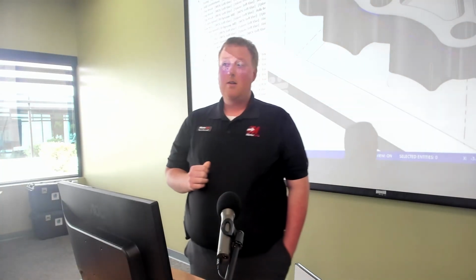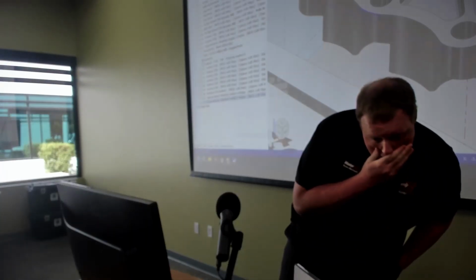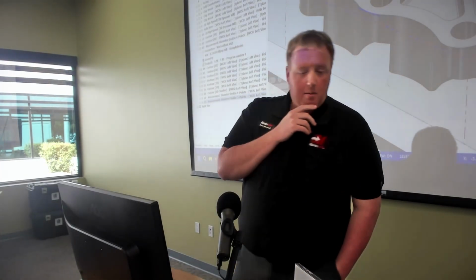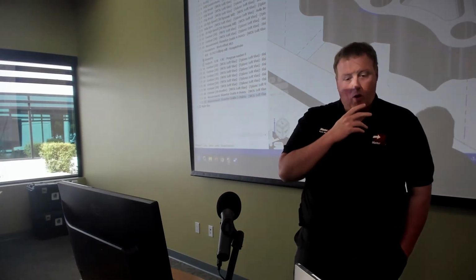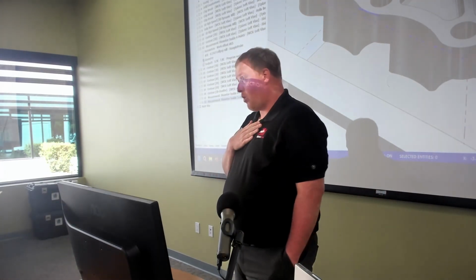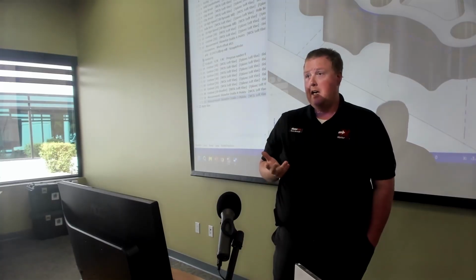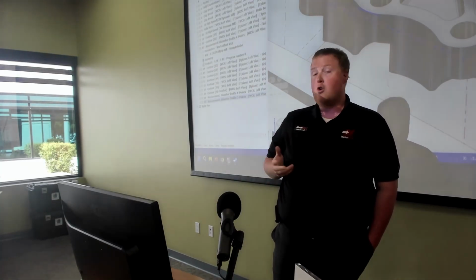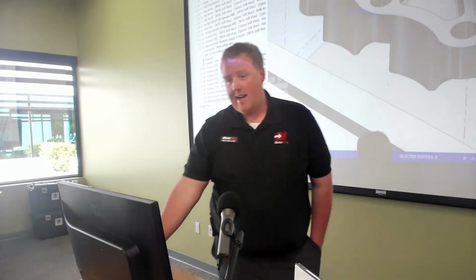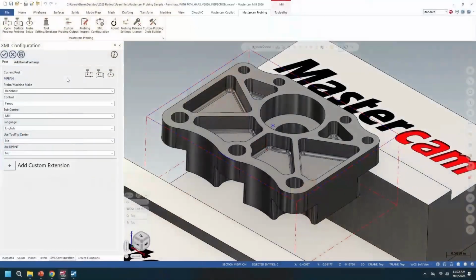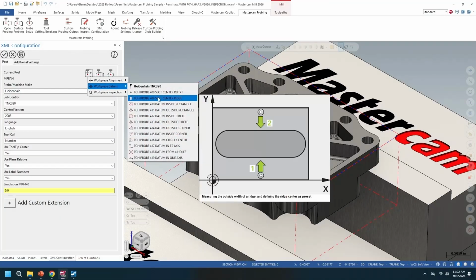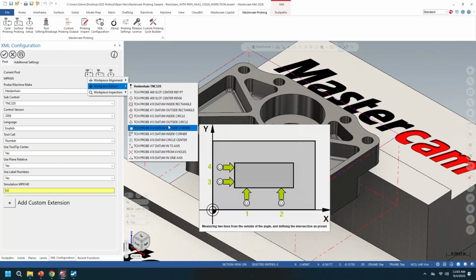Yep. Do you support Heidenhain control? Yeah, so we do support Heidenhain. That was the question, do we support Heidenhain controls? So yes, we do support Heidenhain. We do support Siemens. For Siemens and Heidenhain both, we do reference their native probing cycles, right? And then that's all going to be defined again within the post processor, where we'd be able to tell it, okay, this is my Heidenhain, and we can see all their standard probing cycles here.